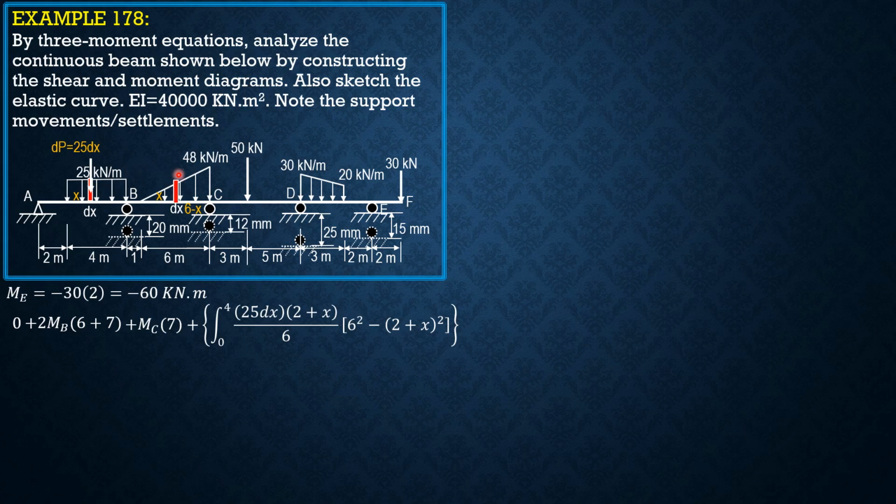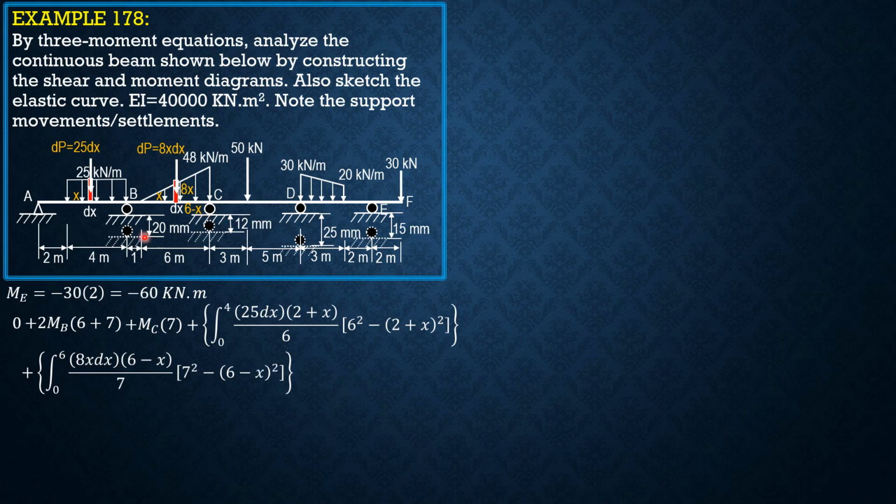So differential p is 8x dx. So the value of 6 area 2b over L2 is integral from 0 to 6 of 8x dx times b, 6 minus x, all over L 7, quantity 7 square minus quantity 6 minus x square.